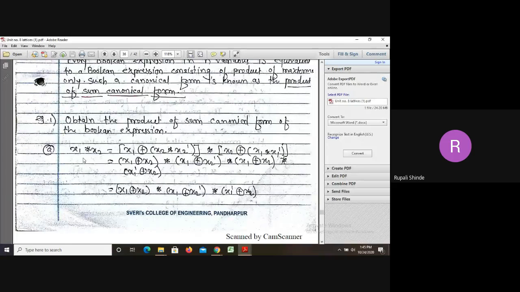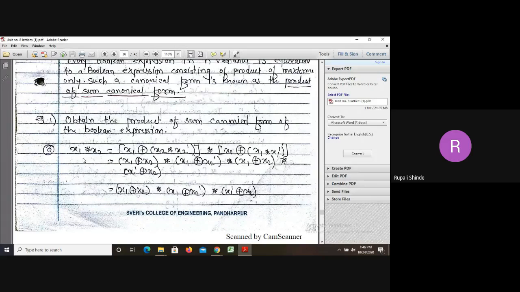Now we have to check where we have written 0 in the last column. For the first 0, the values of x1 and x2 are 0, 0. So we have to consider those two variables in original form. The respective max term is x1 xor x2.